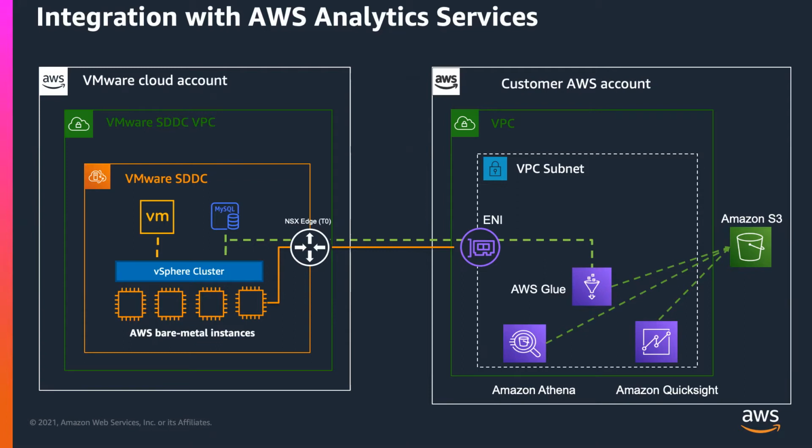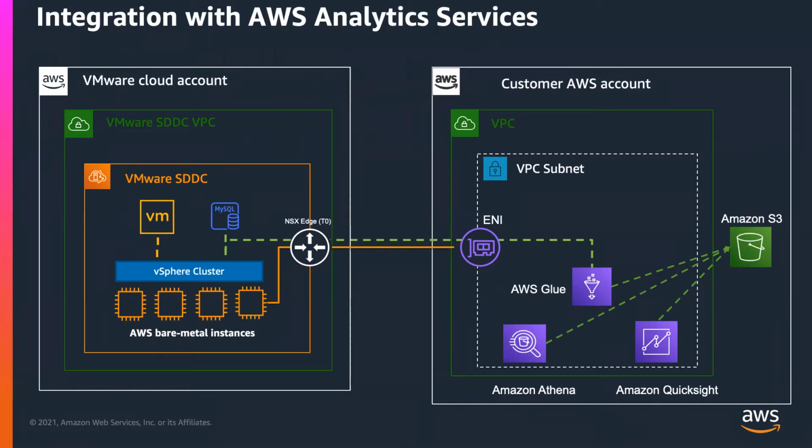Glue will pull that data into the data catalog, and then we can use Athena to run SQL queries on the S3 data lake, or even use QuickSight to draw insights from Athena. So that's the architecture of my lab on which I'm going to be showing the demo.